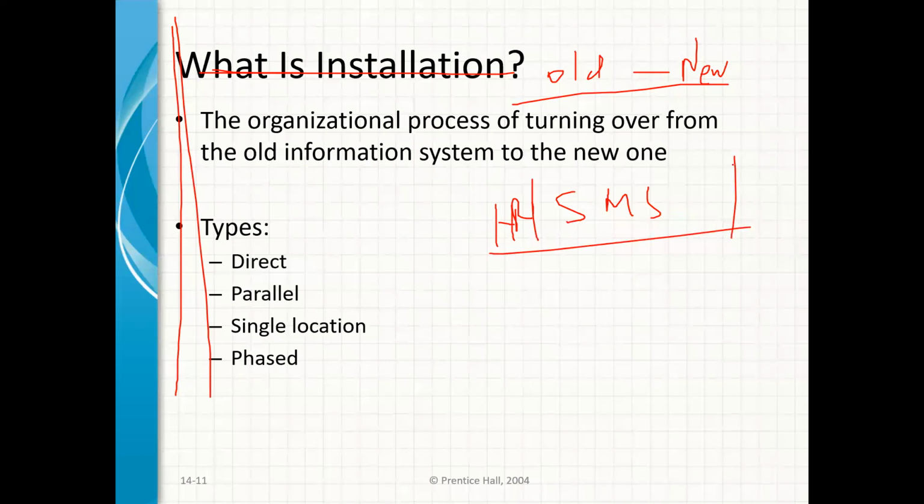Then how do you convert from the old system to the new system? We have some approaches. One is the direct approach. Two is the parallel approach, then the single location approach, and the phased approach.